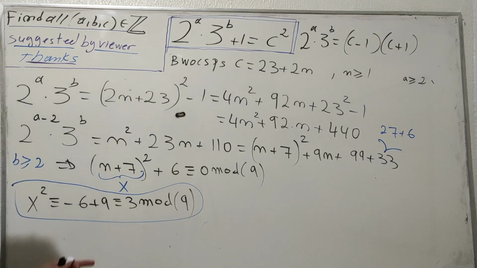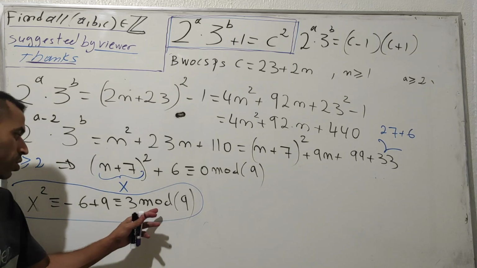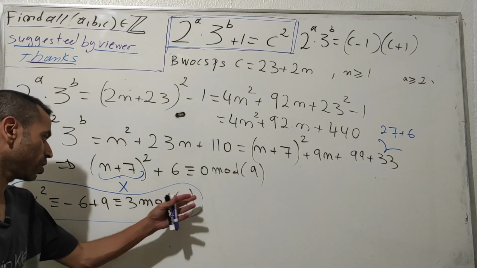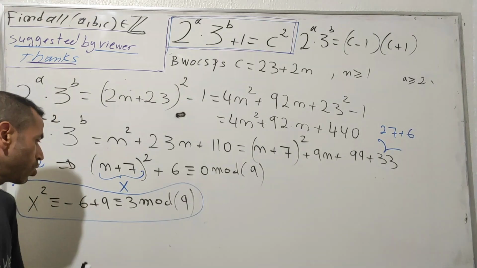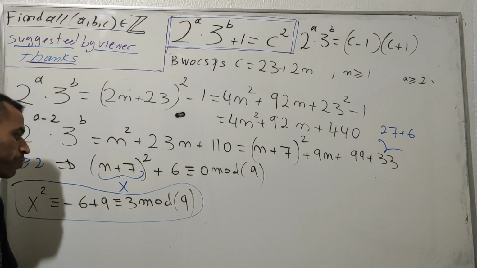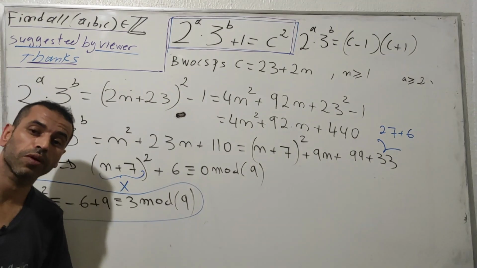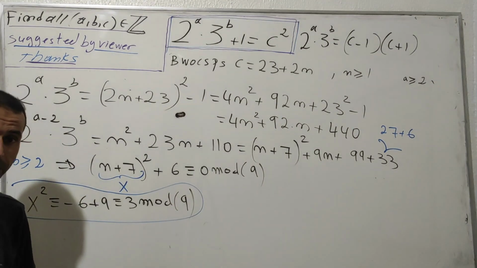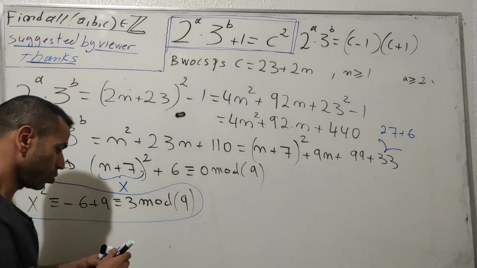I'm going to take the perfect squares and consider some cases by using a chart, in order to make a nice comparison between two perfect squares to see what the possible remainders are when we divide by 9. So let's do this one.